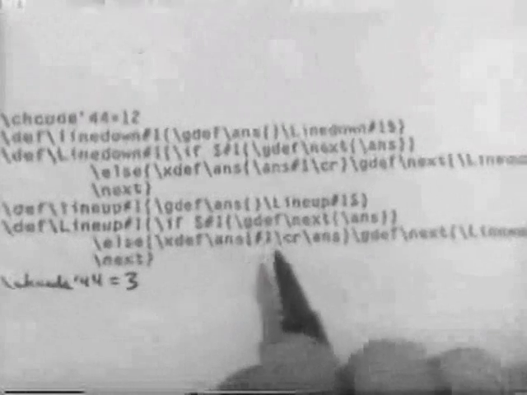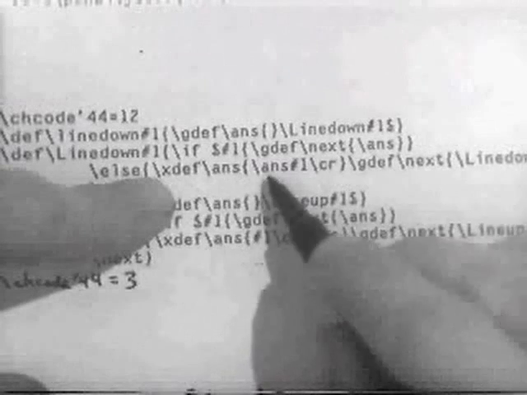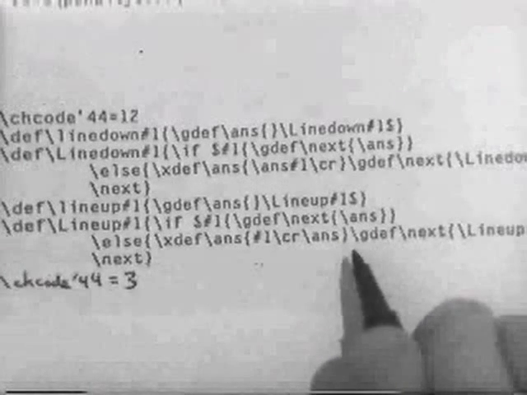Now, I believe that's necessary for the reversal thing, but the only difference really was in one place when I did an \xdef of \ans. In one case, I changed \ans into its previous value, followed by something, carriage return. In the second case, I preceded by the other one. So in one case, I'm reversing the final order. In one case, I'm not. But otherwise, the codes are identical, and they're very similar to what we discussed yesterday.